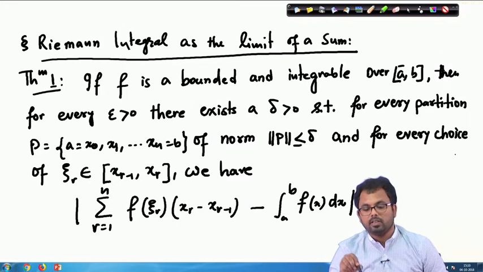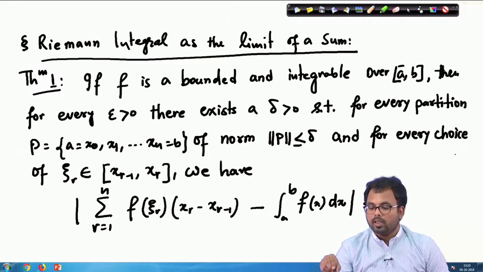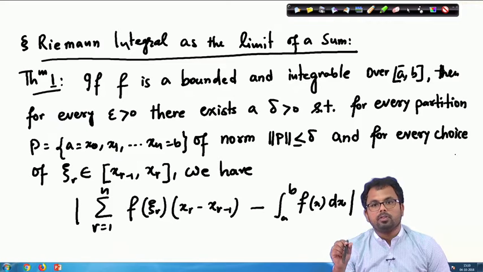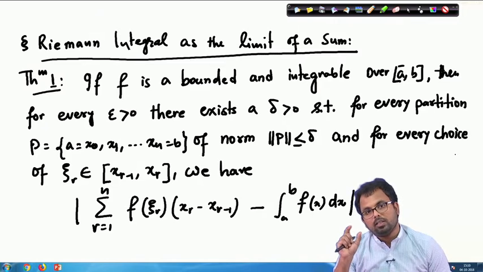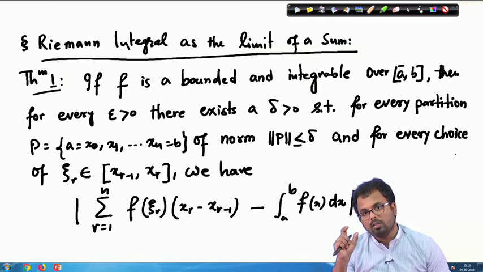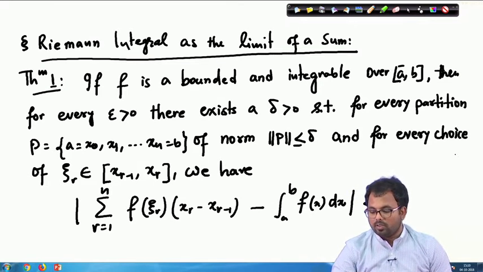This theorem says that if we have a bounded function f which is also Riemann integrable over the interval a, b, then for every epsilon positive, an arbitrarily chosen small positive number, there corresponds a delta positive such that for every partition P whose norm is less than this delta, we can find points psi r in the rth intervals such that this value is less than epsilon.